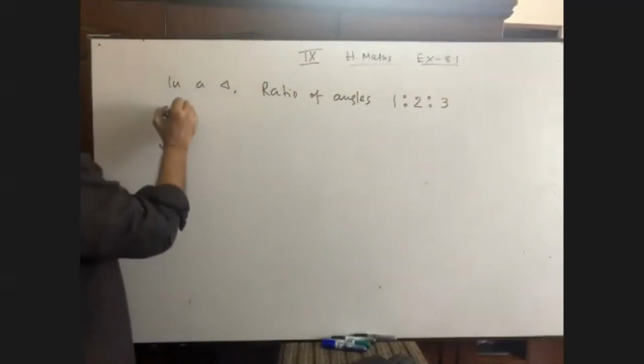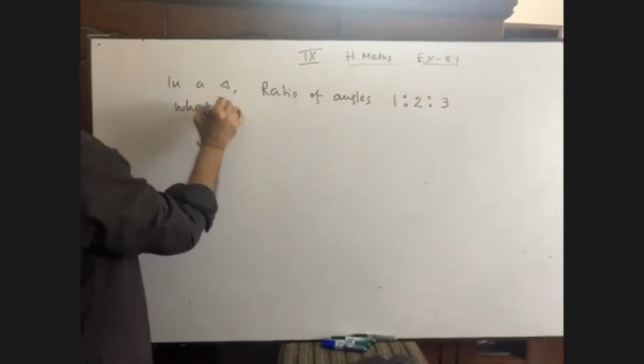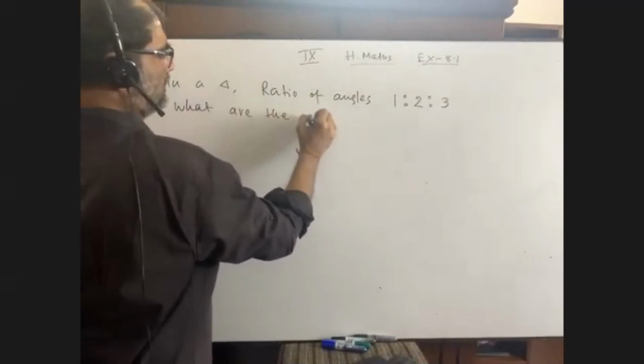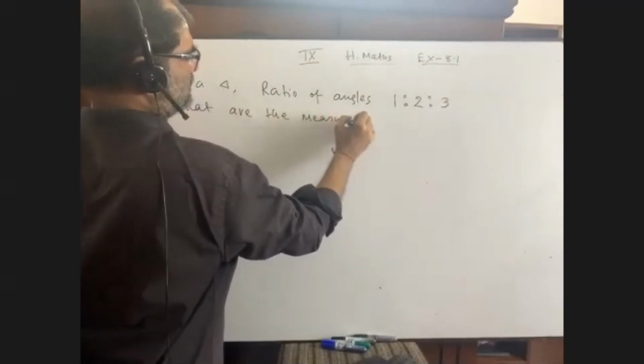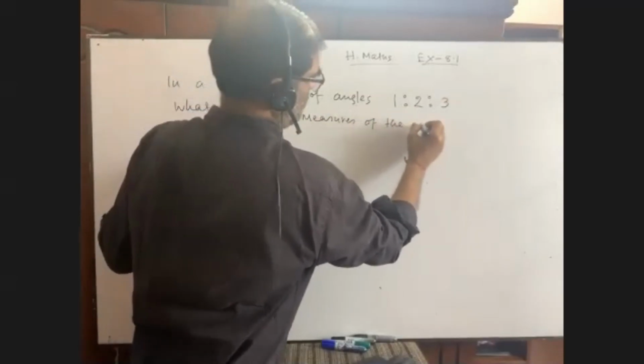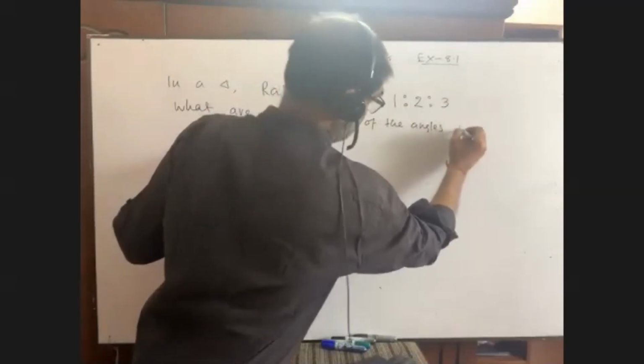What are the measures of the angles in radian?